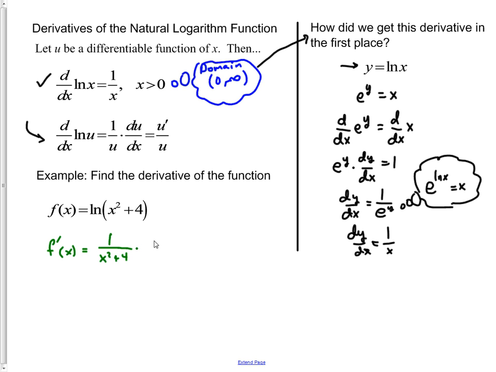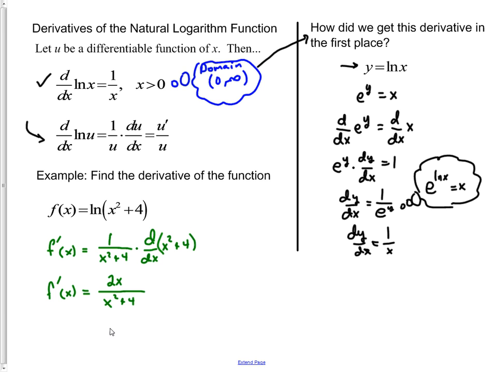And we would be multiplying that by the derivative with respect to x of the argument x squared plus 4. And we know what this derivative is going to be. That's 2x right here. So rewriting this one more time, we're going to find that the derivative of f is equal to 2x, which is the derivative of x squared plus 4, divided by x squared plus 4.